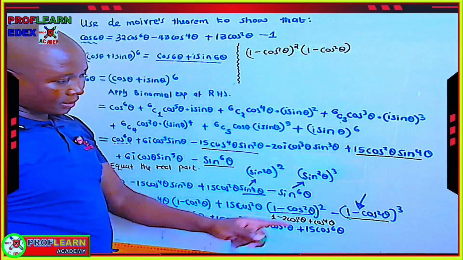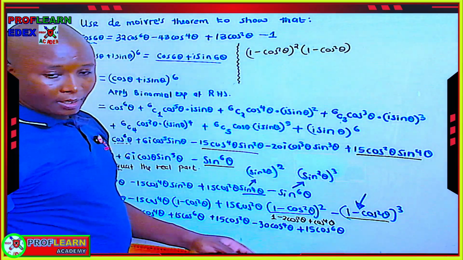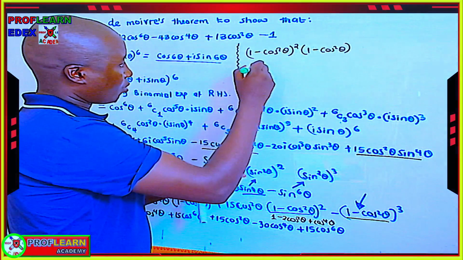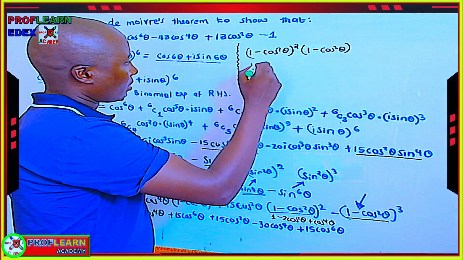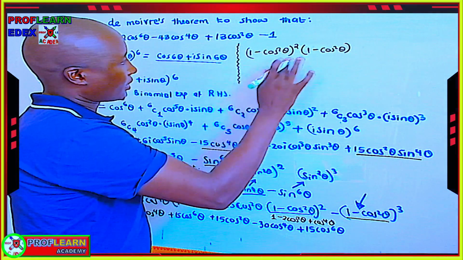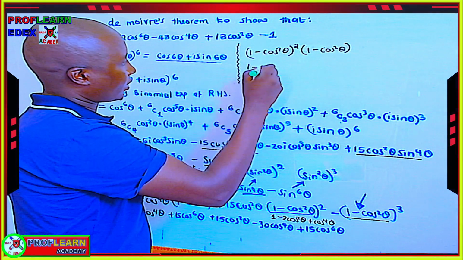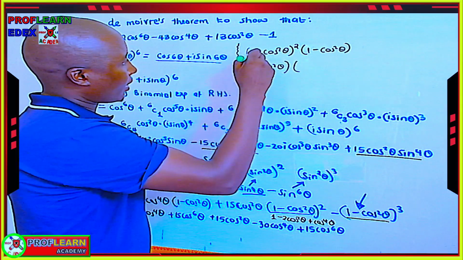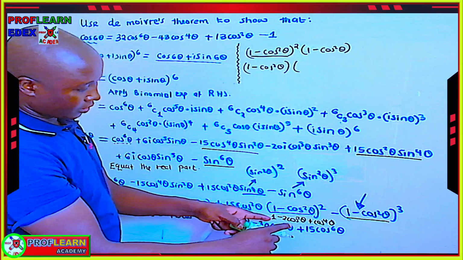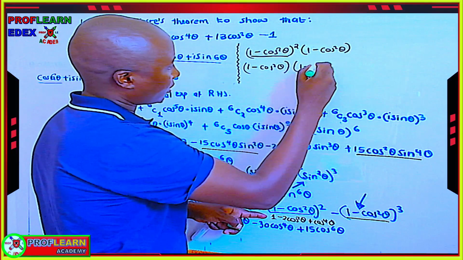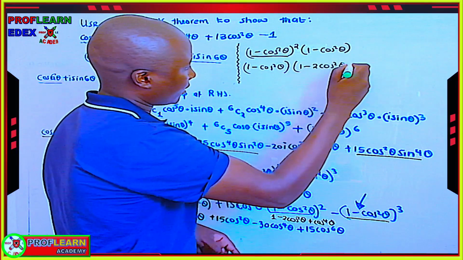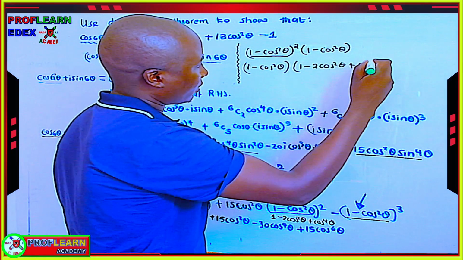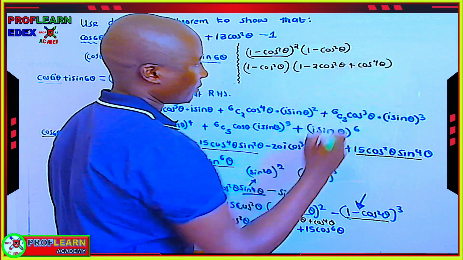It can be written that way. So let me start by writing this 1 minus cos squared theta. This one now becomes, or already we have it here, 1 minus 2 cos squared theta plus cos power 4 theta, right?